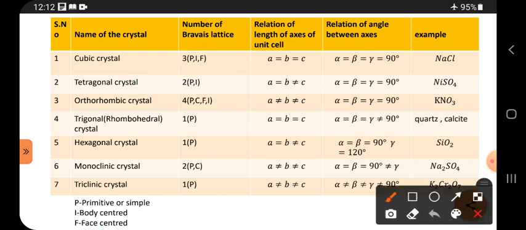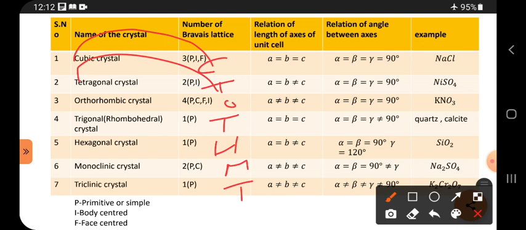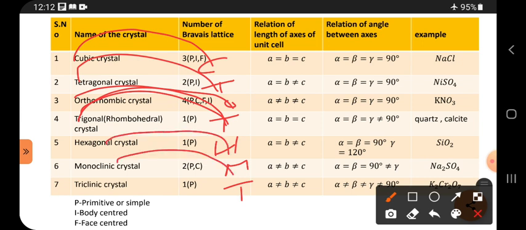You have to keep in mind C T O T H M T. C stands for cubic, T stands for tetragonal, O stands for orthorhombic, the next T stands for trigonal, H hexagonal, M monoclinic, T triclinic. Why have I taken this in this manner?